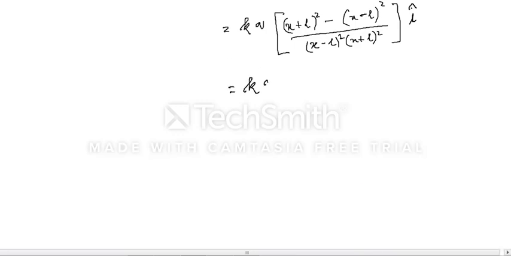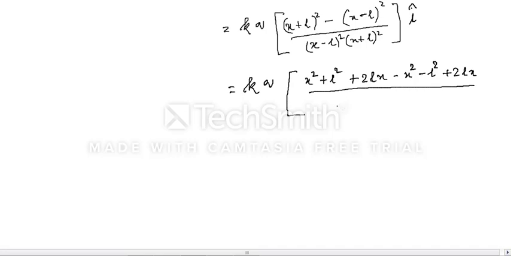If we solve this, we will get KQ times x square plus L square plus 2Lx minus x square minus L square plus 2Lx, divided by x square minus L square whole square. This is what we are going to get.